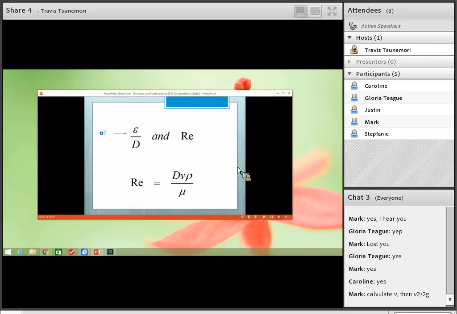Now, here's a question. What is the density of air? And where do we find it? Anybody know? Density of air? Or where to find it?